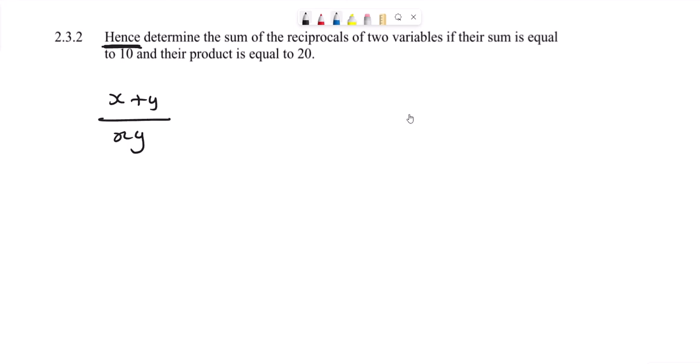So you're saying determine the sum of the reciprocals of two variables if their sum is 10, meaning if you add x and y it should give you 10, and their product xy is 20. So 10 over 20 is equal to 1 over 2, which is equal to 0.5.